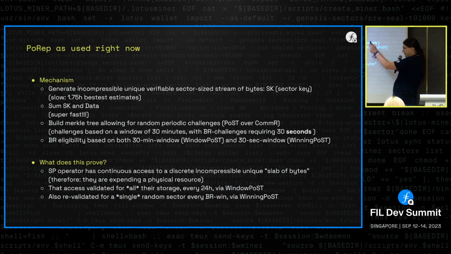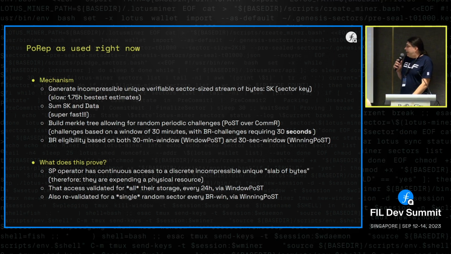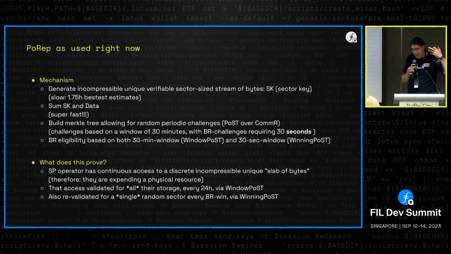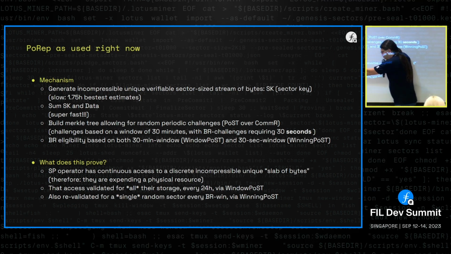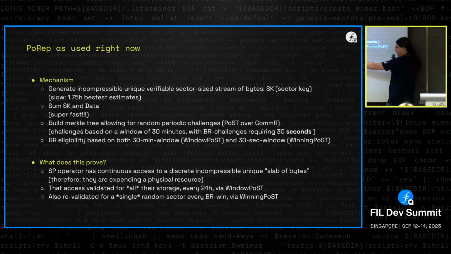One challenge is 30 minutes long. The other challenge is 30 seconds long. This allows for two types of verification of all the storage that people have. All the sectors, every 24 hours, are being validated using this thing.